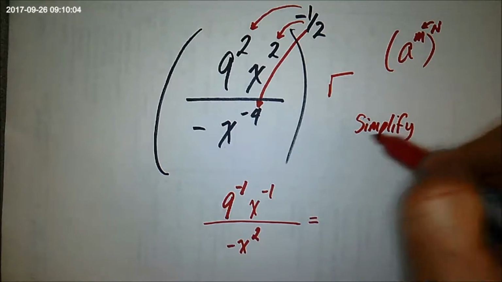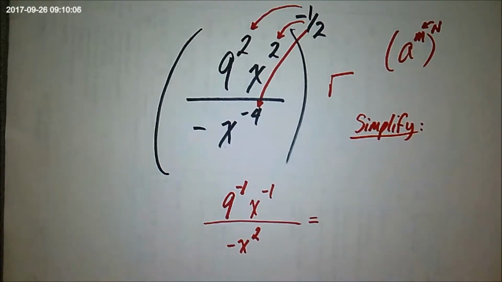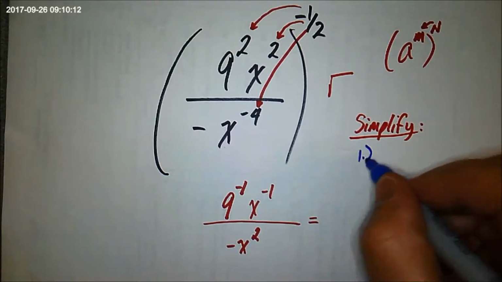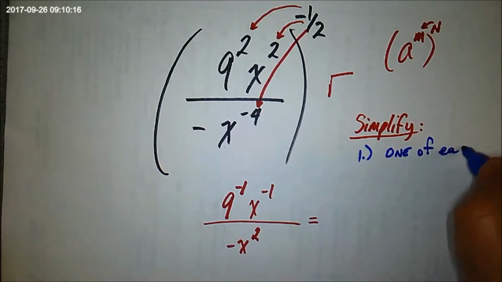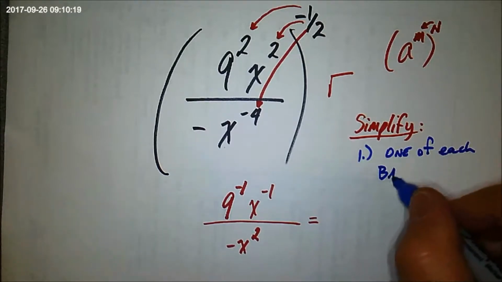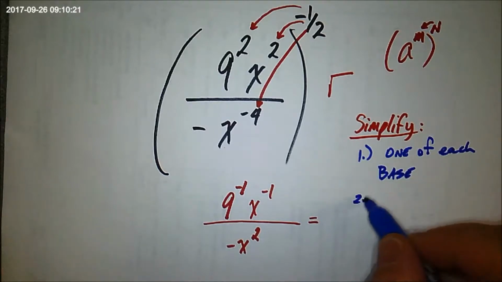But check this out. The instructions said that you had to simplify. We talked about this last week, and I know that this gets a little confusing. Looking at your homework, you guys kind of missed a couple things. To simplify, you have to have one of each base only. You could write this down if you want. It would help.